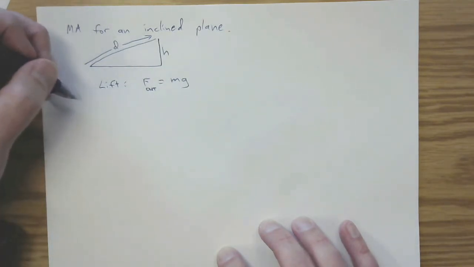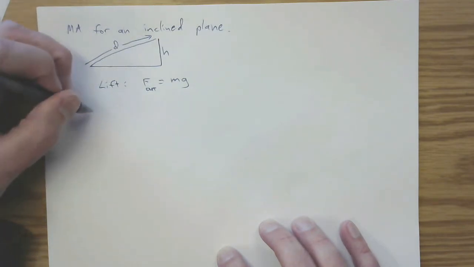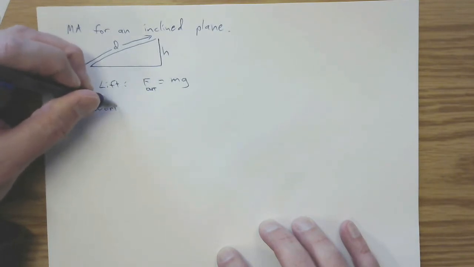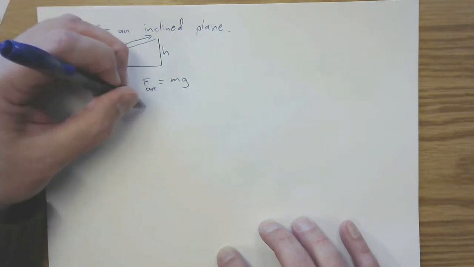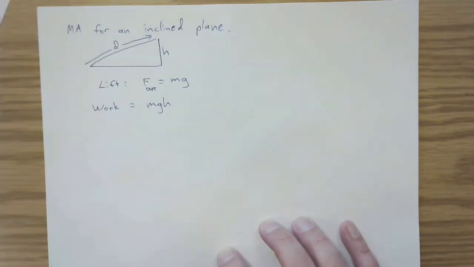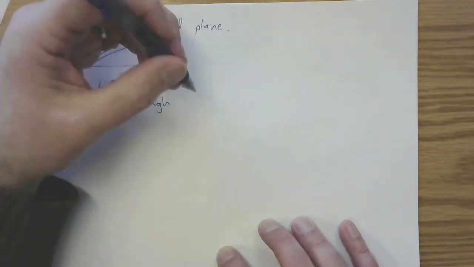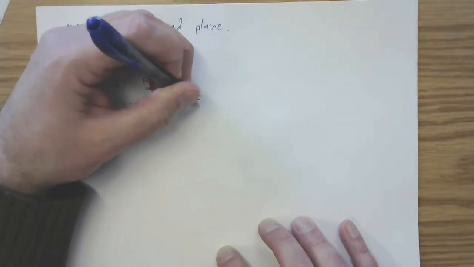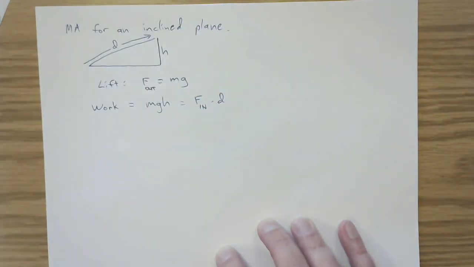If you roll it up the ramp, you're going to need less force. Let's drop a few chapters back and not use torque for this one. Let's just note that the work that you're doing is all gravitational potential energy, and it's just mgh. And the work you're doing as you roll it up there is however much force you can apply times the distance that you roll it.